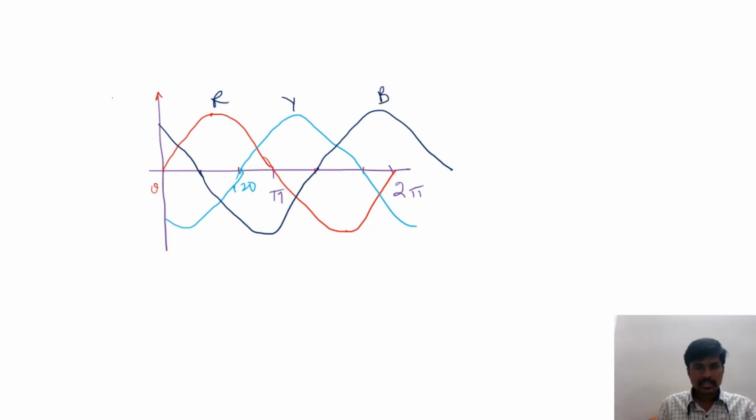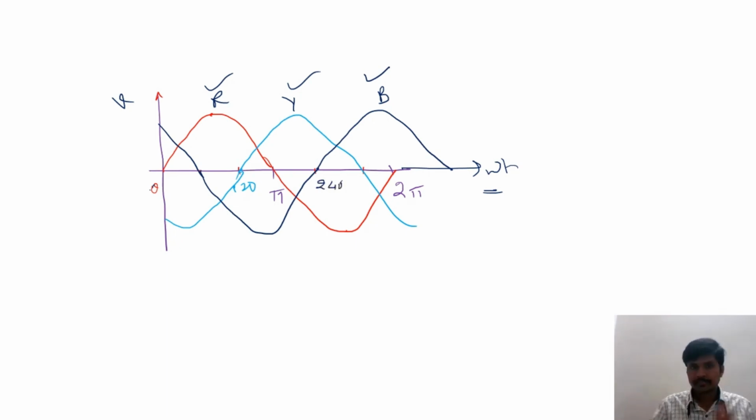You can take this as approximate only, not perfect, in this representation of the sine wave. So these are the three phases, and this is how to draw these three sine waves.